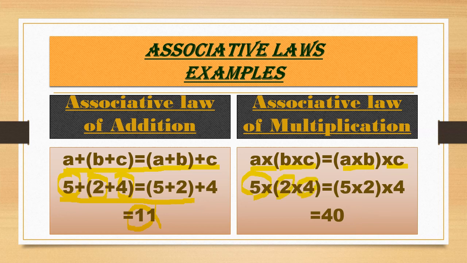Now put these numbers in the given property. The placement of brackets doesn't matter when multiplying the numbers, the result will be the same. And we get 40 as the answer.